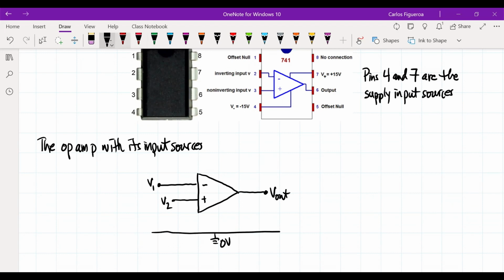So when you look at pin 4, it is drawn in such a way that the positive is connected to the ground. So this becomes our negative supply voltage.